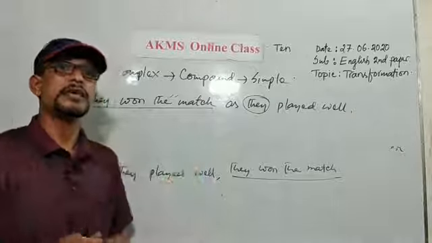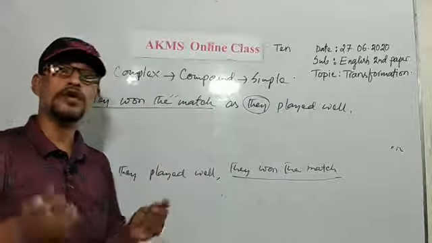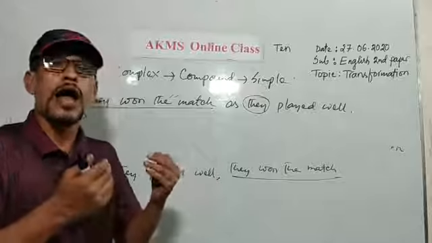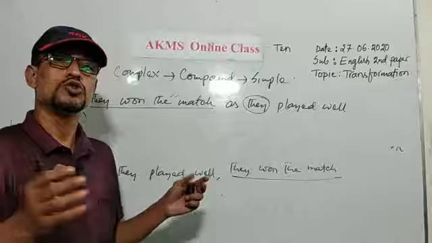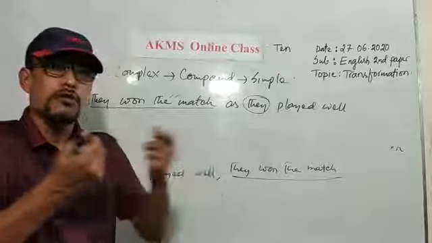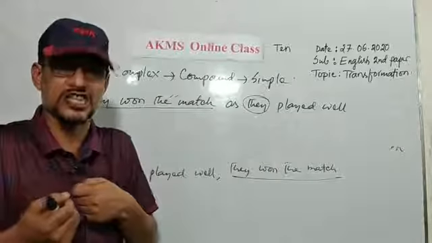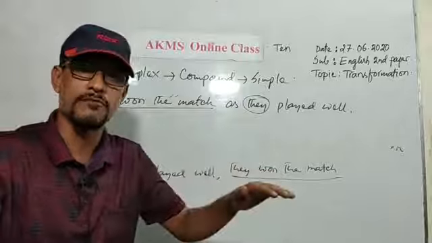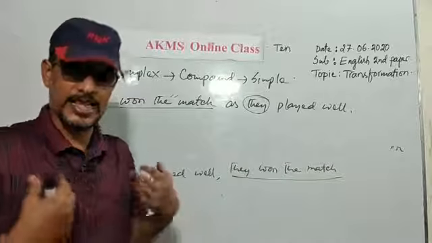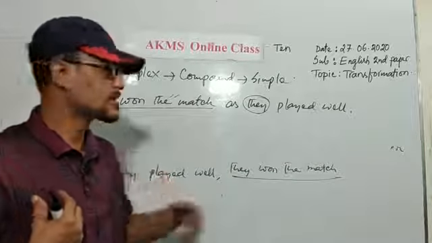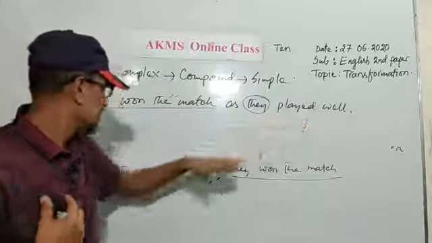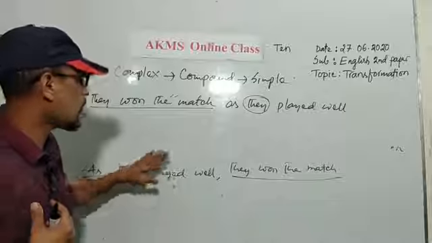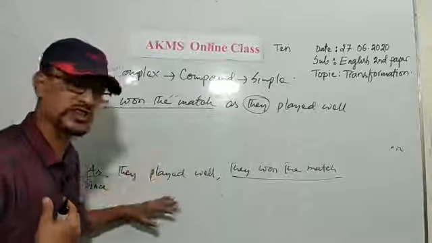But if I want to revoke anyone from whom I have no fear of getting any reaction, he will be smaller. He will be weaker than me. Okay? This subordinate clause is weaker. So I have the ability to change it.